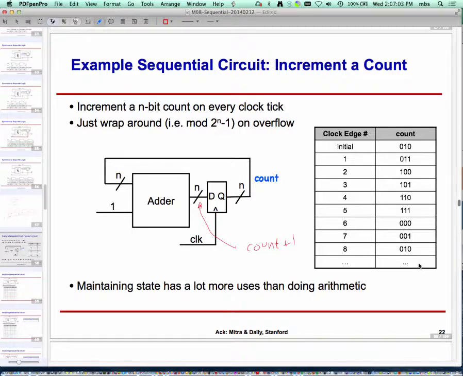So for a complete description of a sequential system, you also need to know the initial contents of the memory, because at every clock edge, the new content of the memory depends upon the input to the system as well as the current content of the memory, and that's how we update. That's our next state logic that we saw last time around. So in this particular case, what is the next state logic?